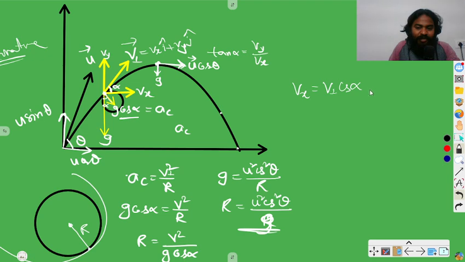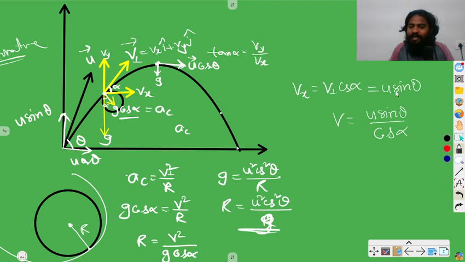And here I know that the x component never changes in projectile motion, so I can make it equal to u sin theta. So from this you can directly calculate the v value. v is equal to u sin theta by cos alpha. Clear? u sin theta by cos alpha.